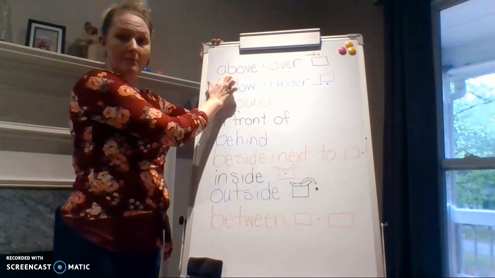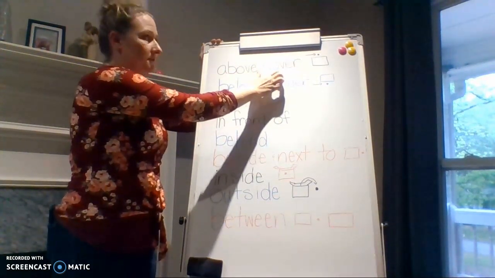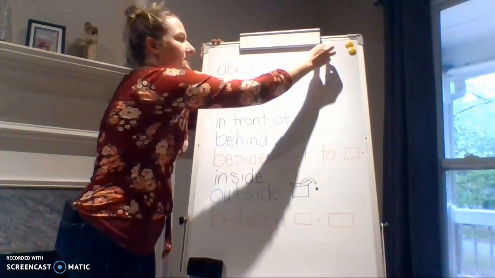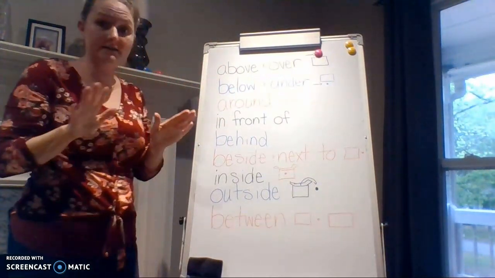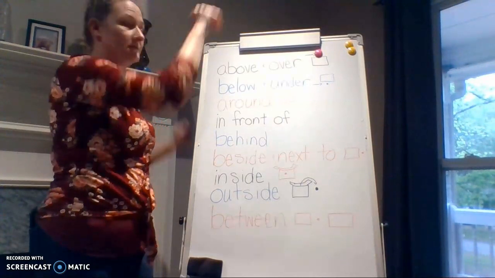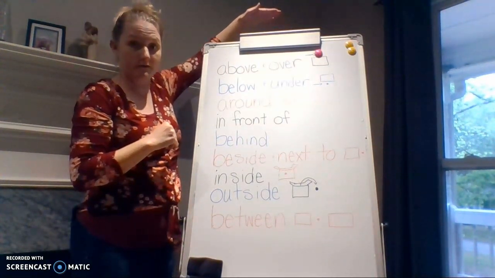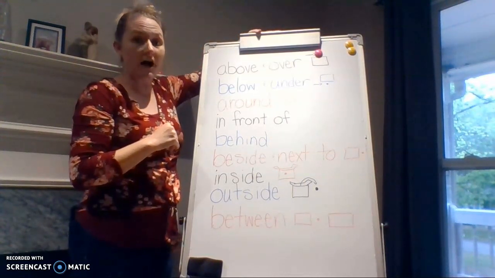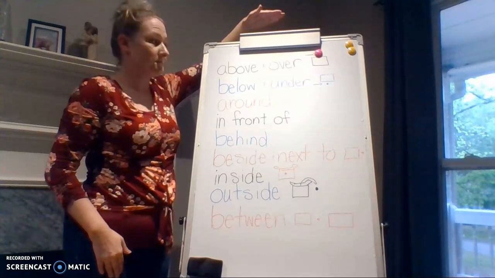Two of the words, above and over, are very similar. And all it means is up here. It is not touching this. It's just above it. Above, like my hand is above the board, over. This would be on, above.